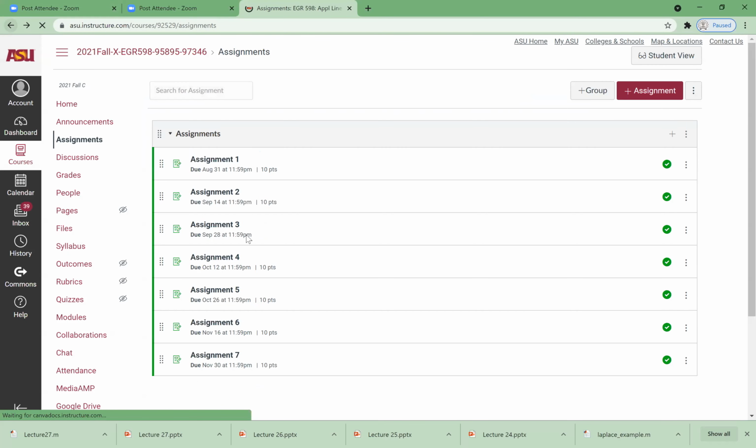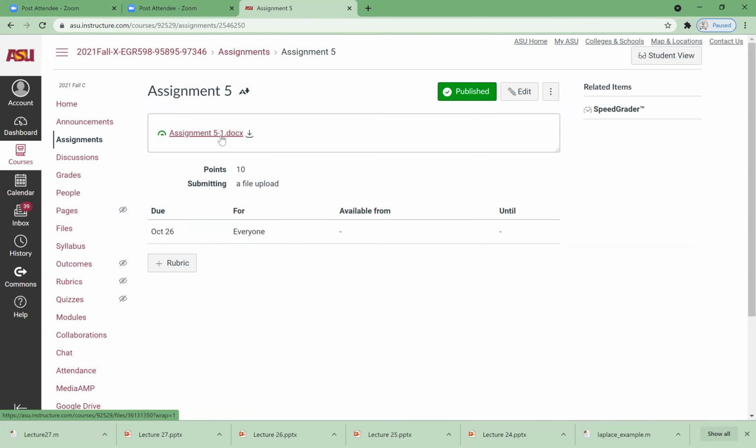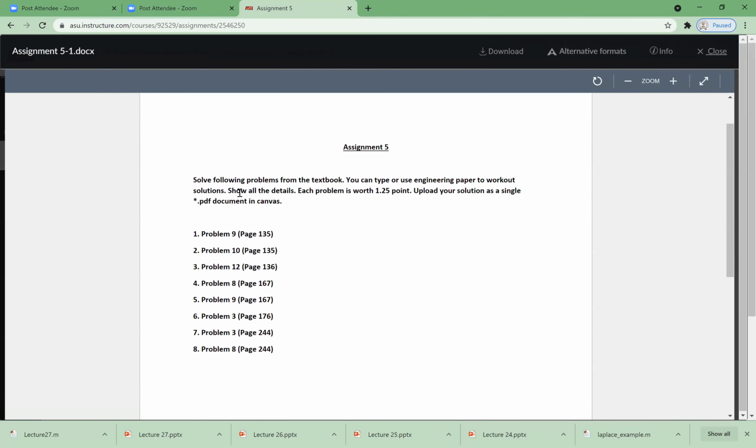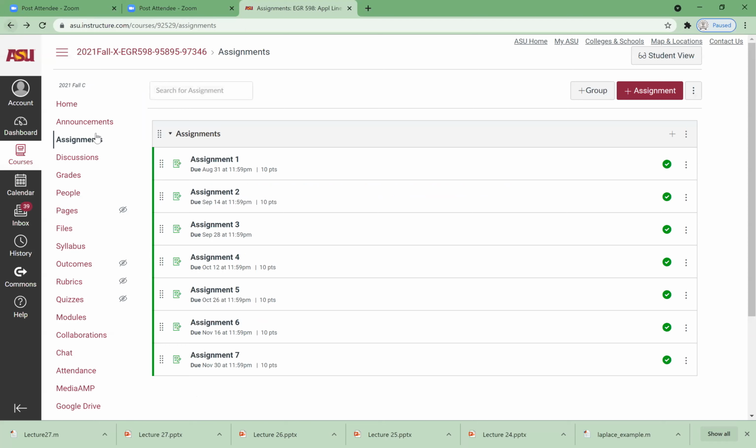And my hope is that once you turn in the assignments, I would be able to solve some of the difficult problems in class. I worked out the solutions already, so I can share the solutions with you. And assignment number 5, again, same thing. By assignment 5, you would have covered about 75% of the book.